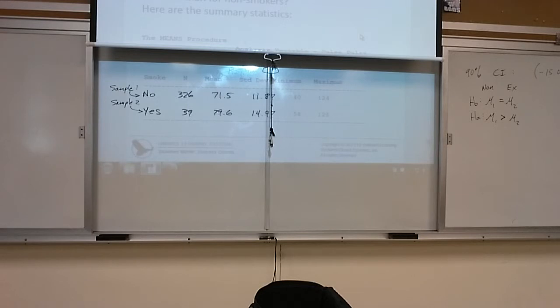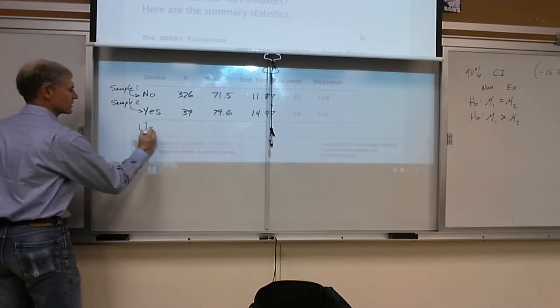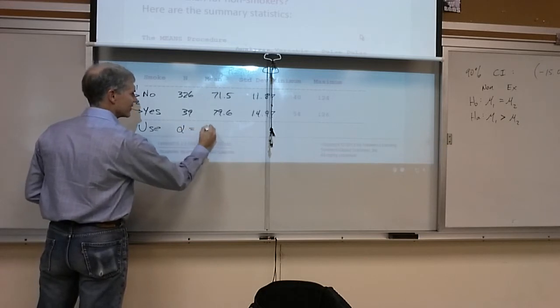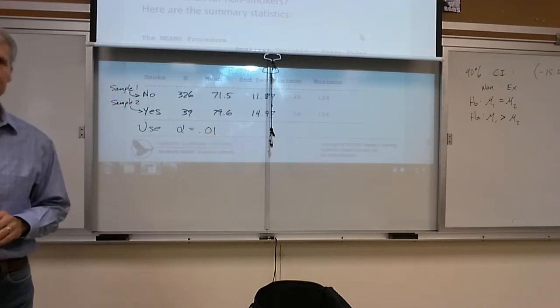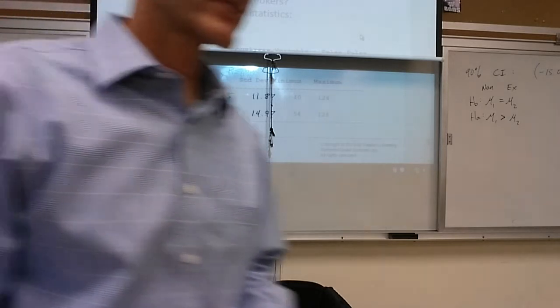The last one I still think is 0.05. Is that correct? What's alpha in this problem? Let's do alpha equal 0.01 this time. So use alpha equal 0.01. And again, I don't know that that's going to matter a whole lot.